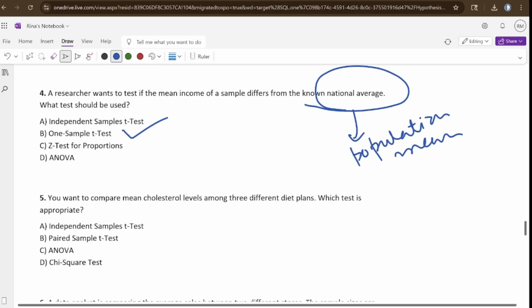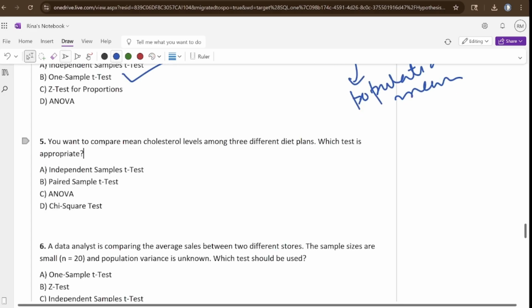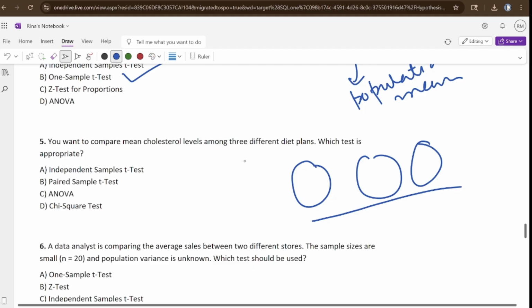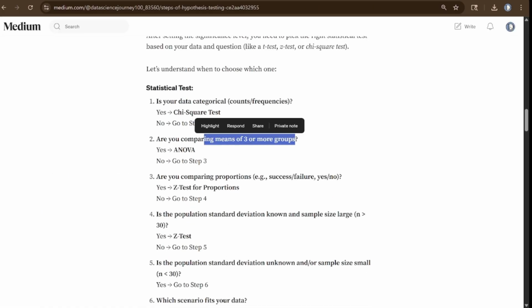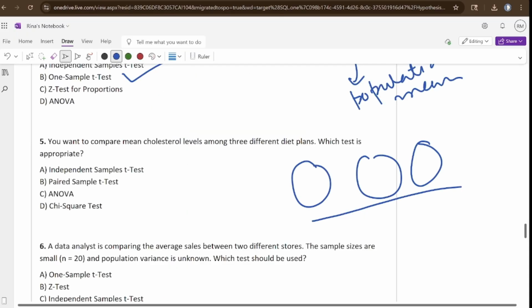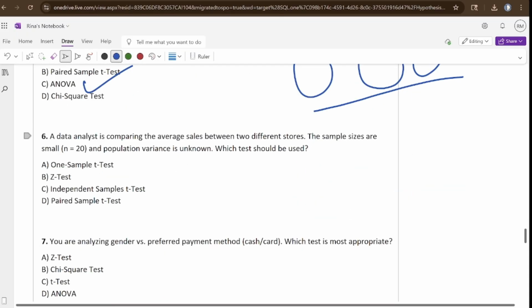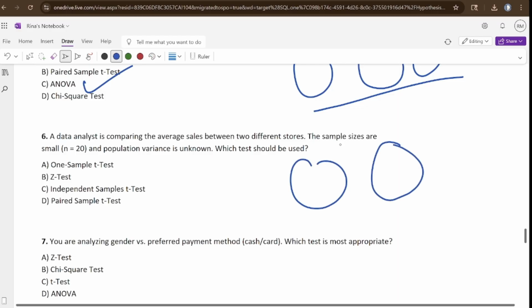Fine. You want to compare mean cholesterol level among three different diet plans. Okay. Three types of diet plan and you want to compare their mean cholesterol level. See, comparing means of three or more groups. Go for ANOVA. A data analyst is comparing the average sales between two different stores. The sample size small, less than 30. Less than 30 means it is not satisfying central limit theorem.